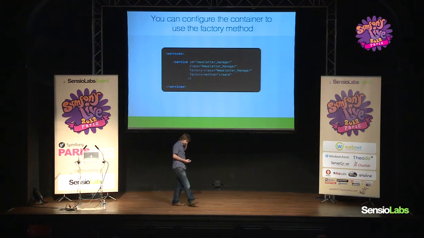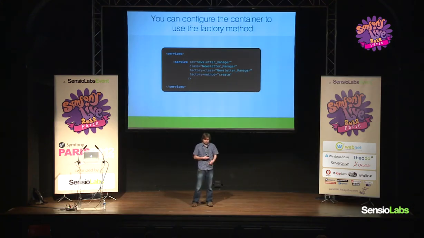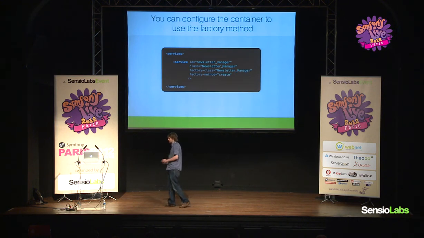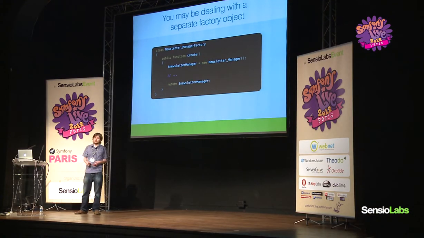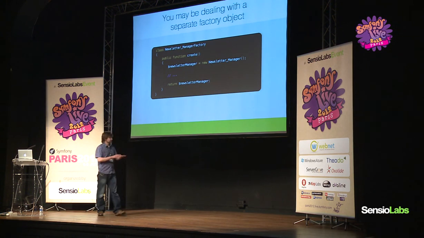And it's not in my example here, but you can also choose to pass arguments through to that as well, so you're not limited to just the call as it is. You can work with anything else that needs to be passed into it. Okay, so that's the sort of static factory method.